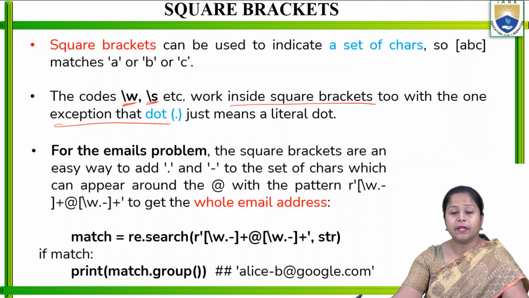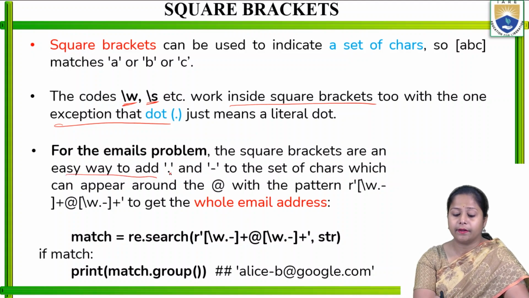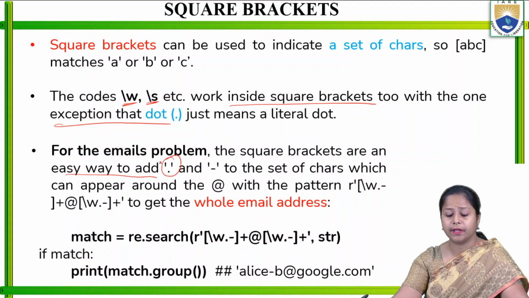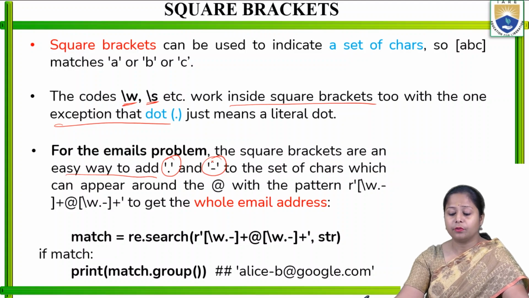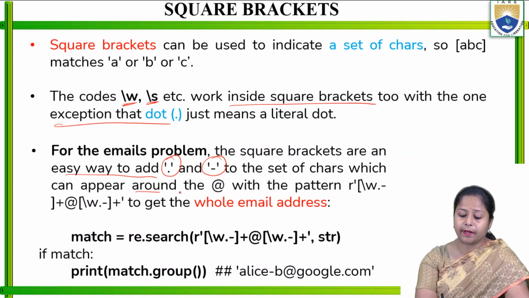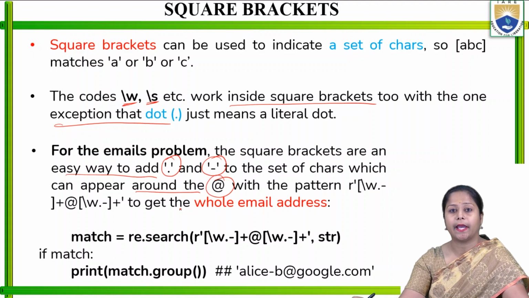So for the emails problem, we would like to consider square brackets, since they are an easy way to add the dot there, and we would also like to write a hyphen. This is the set of characters which can appear around the @, which is a special character.